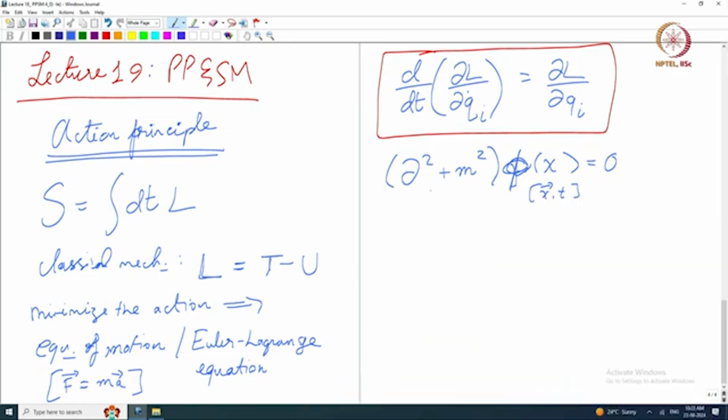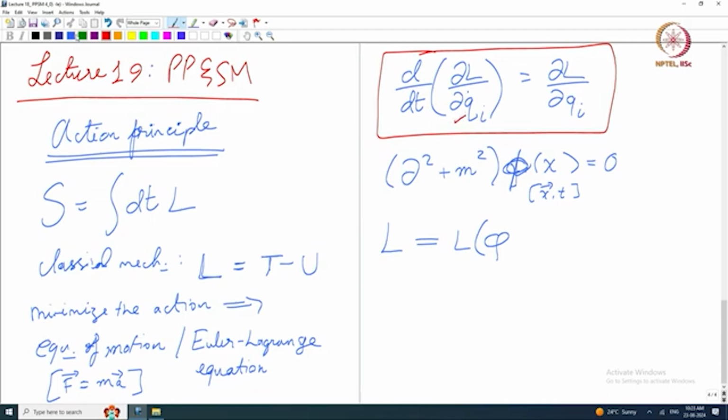So if I want to get equations of motion for fields such as this, then I need to slightly rethink how I write the action, and in particular how I write the Lagrangian involving these fields, okay. So in other words, the Lagrangian will be actually a function of fields, but not only fields. Back here the Lagrangian was a function of derivatives of the coordinates, right.